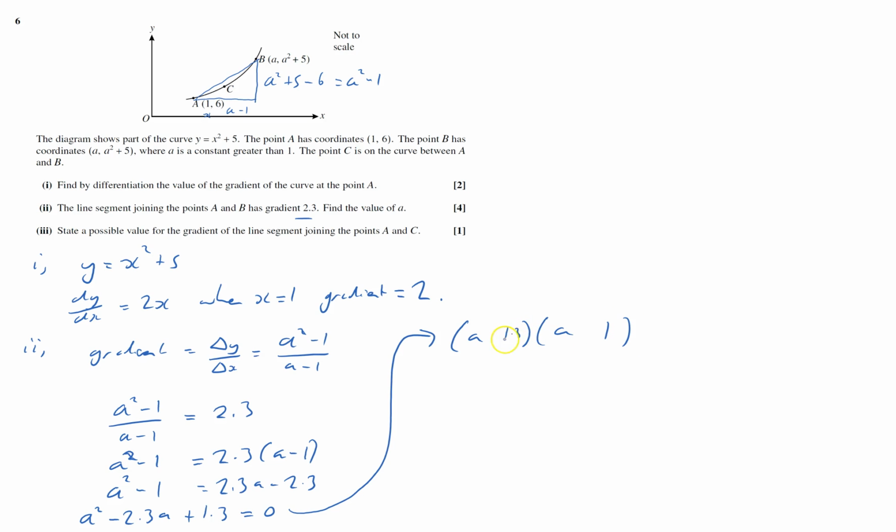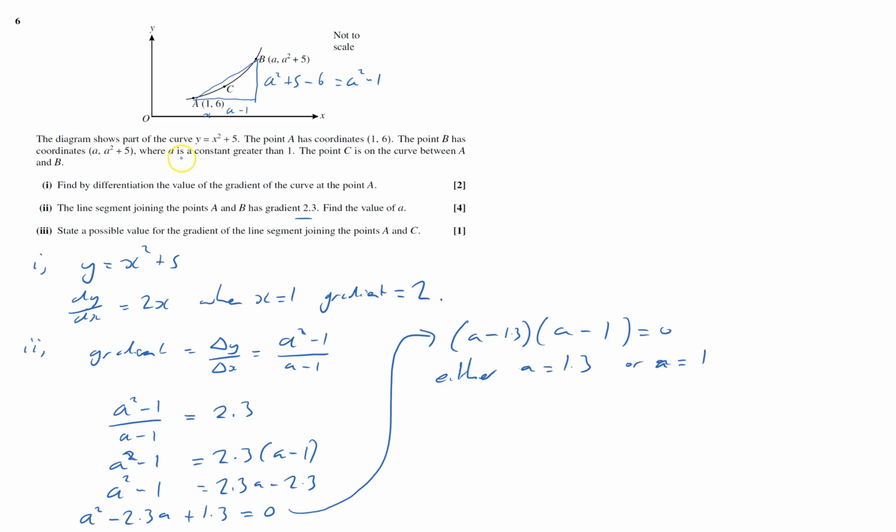It's plus 1.3, but it's minus 2.3a, so that'll be minus and minus, that equals 0. So either a equals 1.3 or a equals 1. And that's a solution I could have missed if I had just done the difference of two squares.